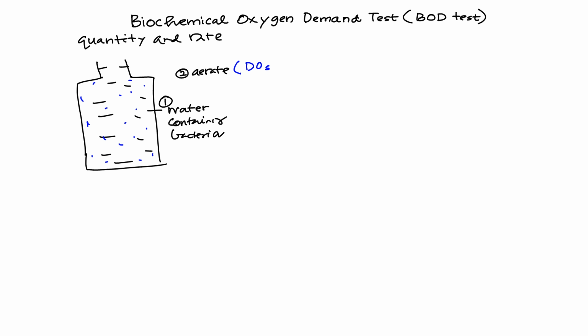So the dissolved oxygen now is a saturated dissolved oxygen, or in other words, for this particular test, this is DO initial. That's the initial DO. Now you are throwing in your waste. And waste means it can be organic matter, for example glucose, you can throw in.